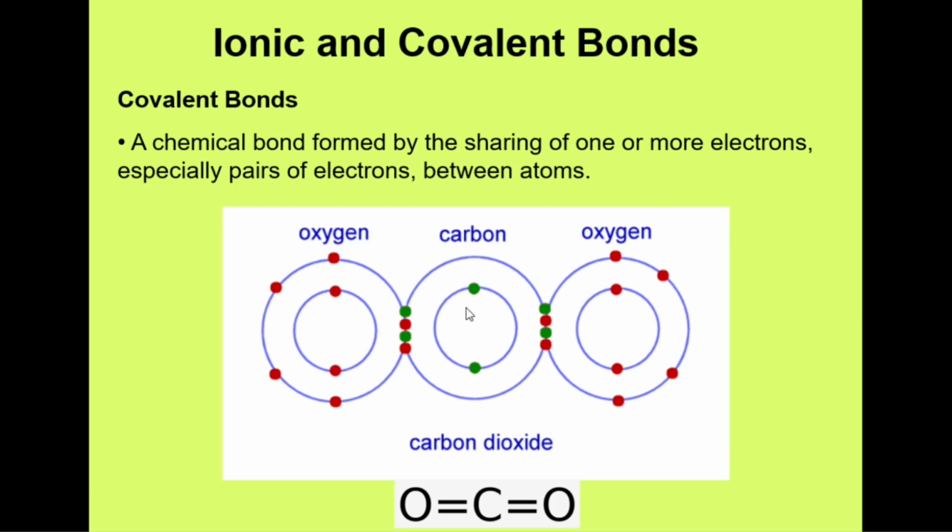And then we can see that the carbon will actually donate 2 of its electrons, and each oxygen will donate 2 of its electrons. So we actually get the formation of 2 double covalent bonds. And you can see that down here represented by 2 lines. And that tells us that we get the sharing of 2 pairs of electrons between the carbon and each of its oxygens. Okay, so that's what we refer to as double covalent bonds.